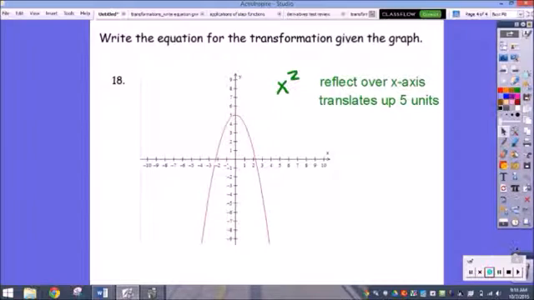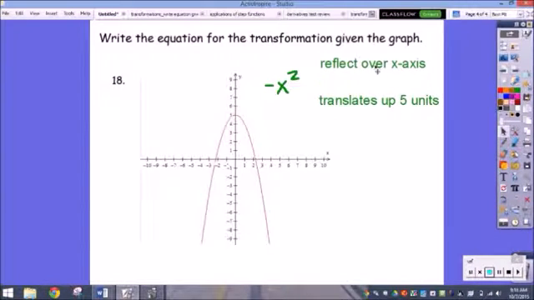So when I write a reflection of the x-axis, that will be a negative in front of the x, and since it's over the x-axis, it goes outside the function. So what that means is I don't use any parentheses, I just put a negative out front. And then a translation, remember that's adding or subtracting.